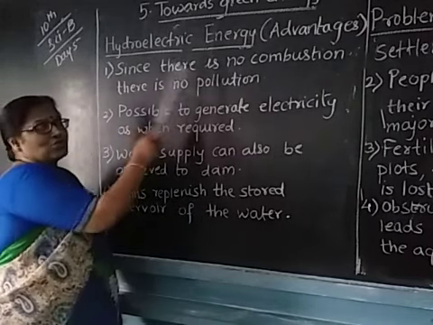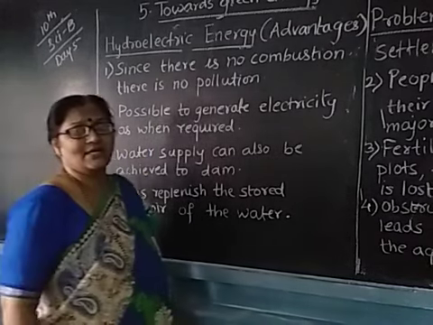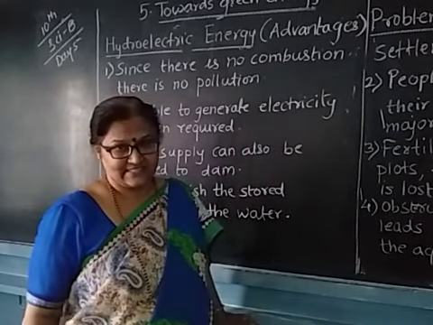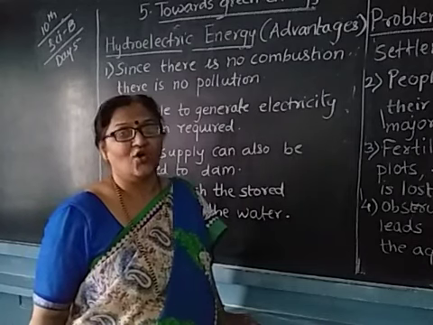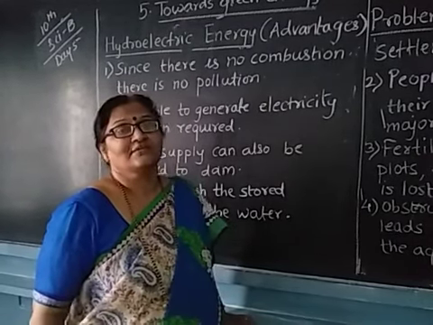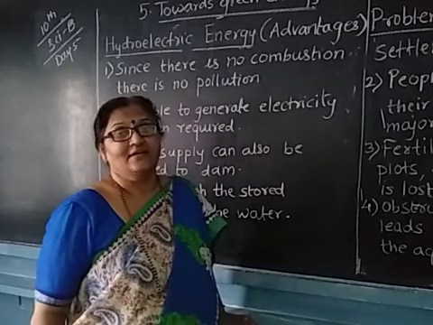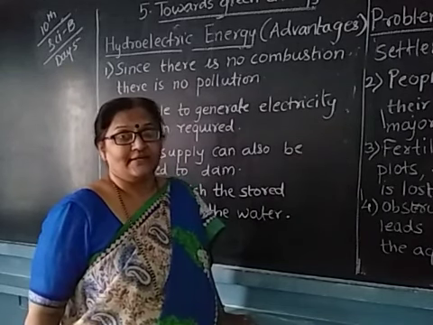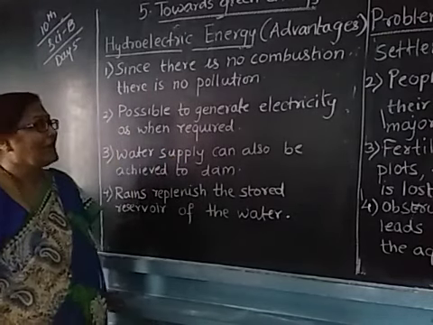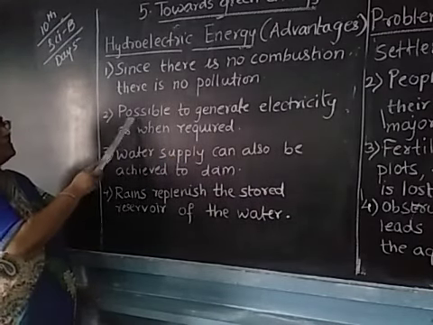There is no pollution. As there is no burning of fuel, that means there is no emission of gases. There is no burning of, you can say, coal or natural gas. Therefore, the gases are not emitted into the environment. And therefore, there is no pollution in this power plant.